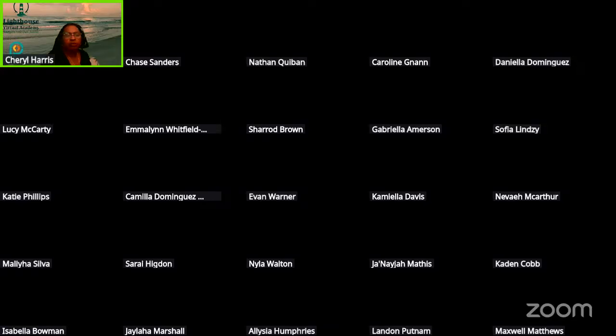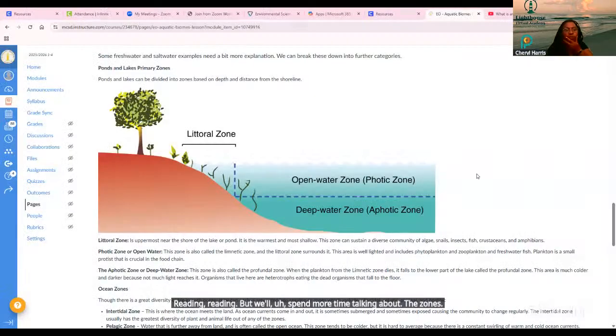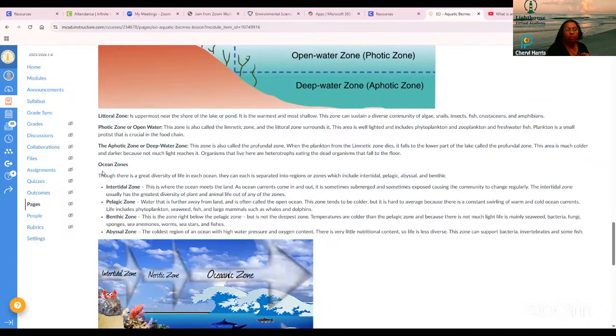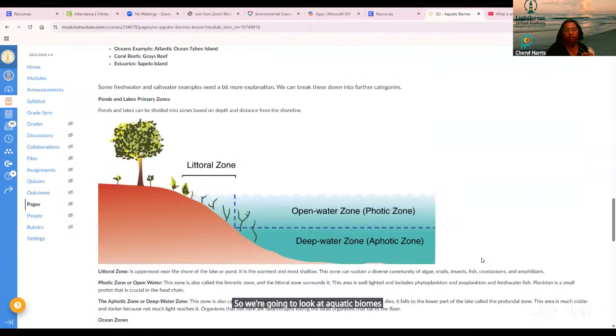All right, next class, we're going to spend some time on the bottom half of that activity. We're going to talk about the different regions. Again, please be reading, reading, reading. But we'll spend more time talking about the zones. So we're going to look at aquatic biomes in particular, right?